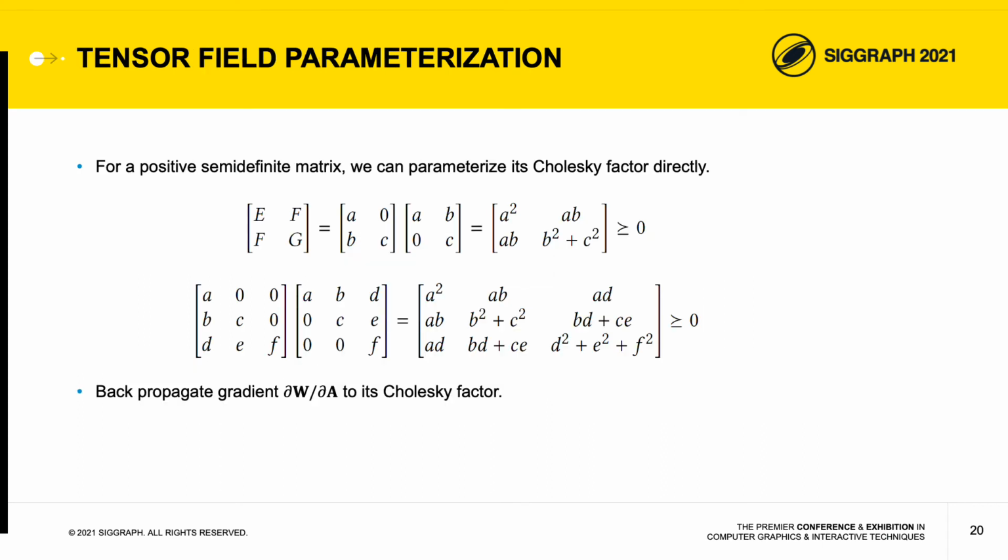There are a few other minor details I just want to briefly mention. We need the tensor field to be positive. We can directly parameterize its Cholesky factor to do that. When applying gradient descent, we can backpropagate gradient to the Cholesky factor.